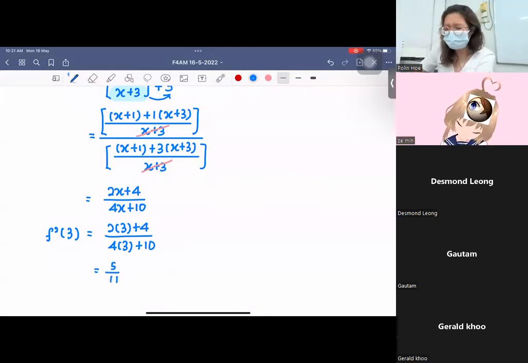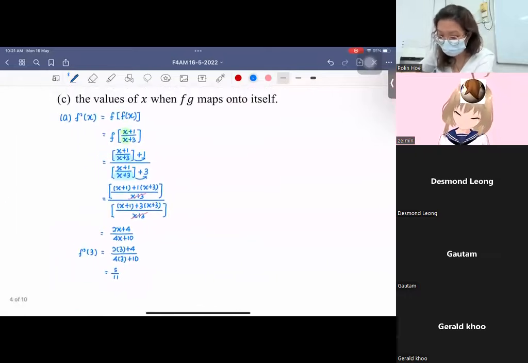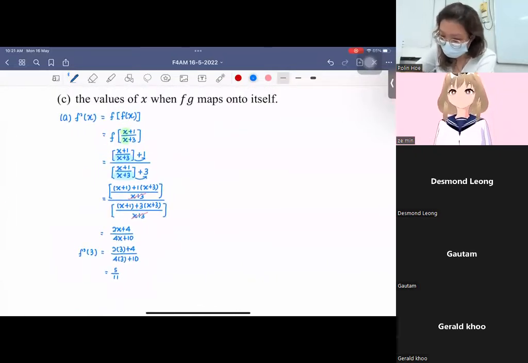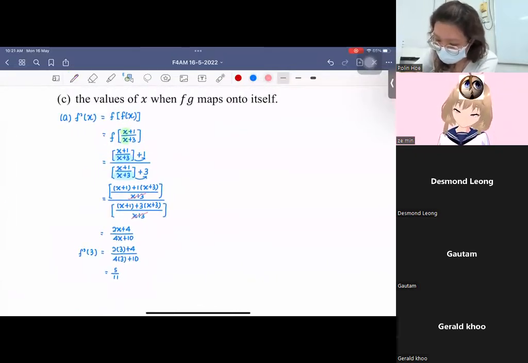Of course, you can straight away find. This is also correct.